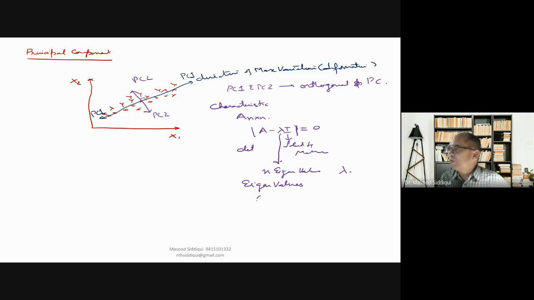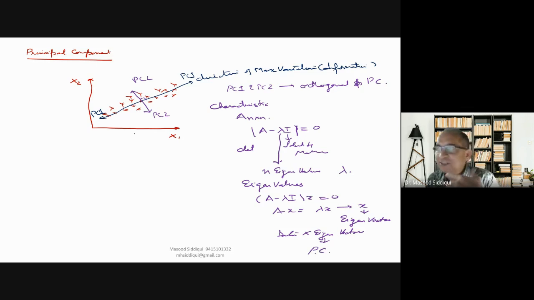And when we solve this matrix, A minus lambda I into x equals 0, that is Ax is equal to lambda x, so now here x is known as the eigenvector. And when we multiply our data set with this eigenvector, we get the principal component. So this is the mathematical part which is behind that.